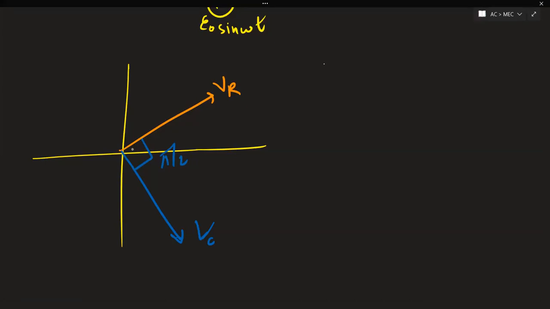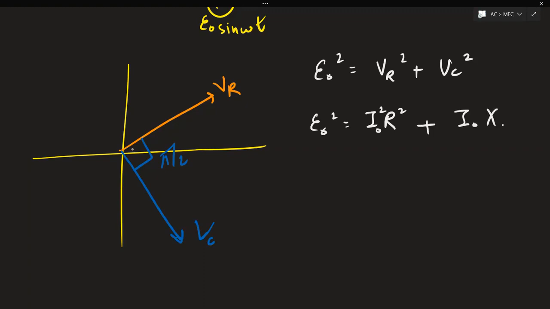This time, E naught square will be equal to VR square plus VC square. VR, the potential across the resistance, is current multiplied by the resistance, squared, plus current multiplied by the capacitive reactance, squared. Take I naught square common from both of these, and R square plus XC square is left.